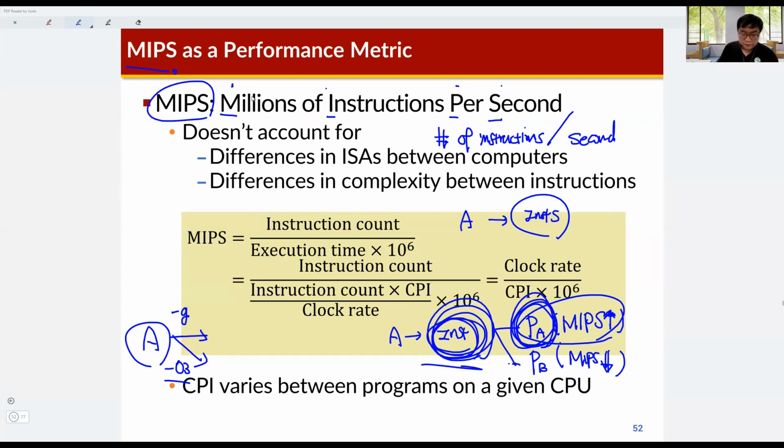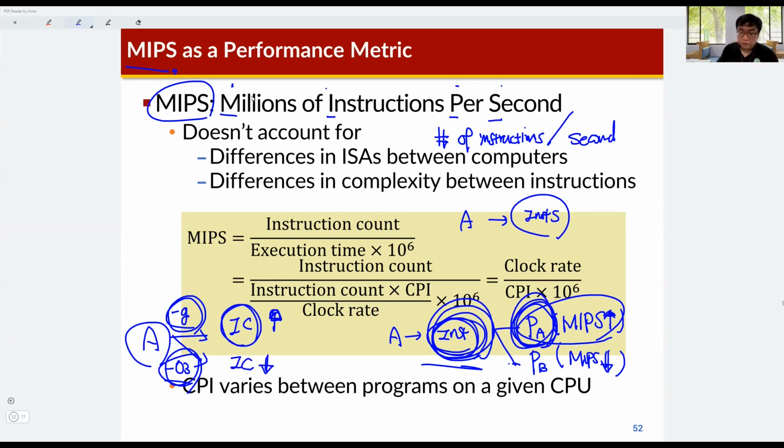So instructions are generated from the same application, but different compile options are applied. The instruction count will be larger if we use the -g option, which is the no optimization option. And if we use the more optimized option, then the instruction count will be smaller.